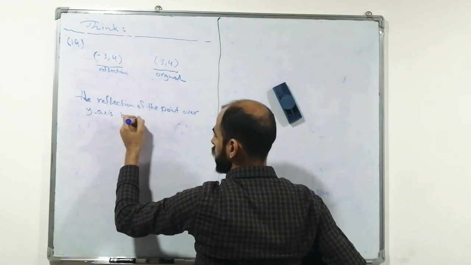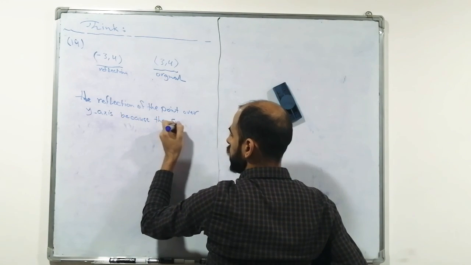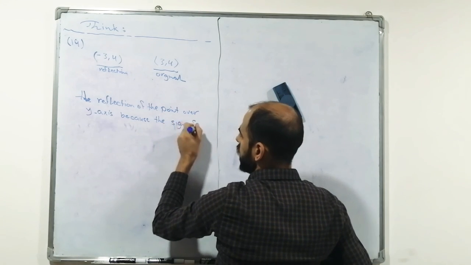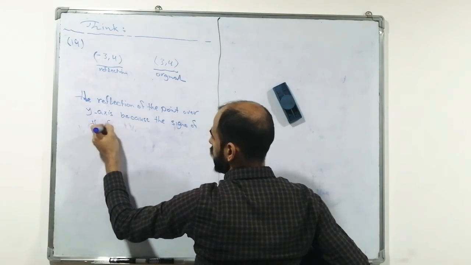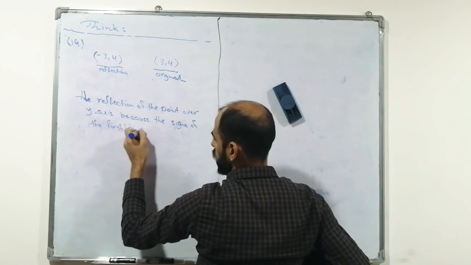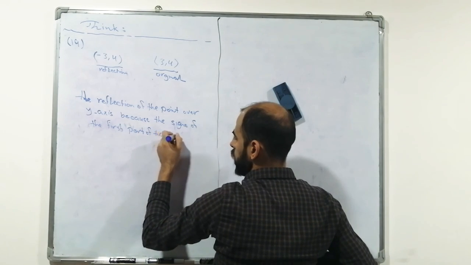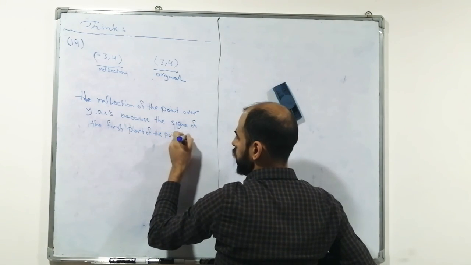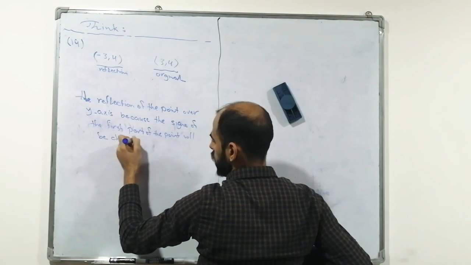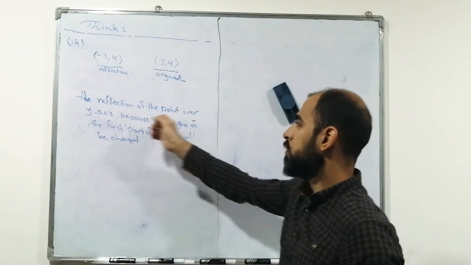Because the sign of the first part of the point will be changed. Here the reflection is over the y axis.